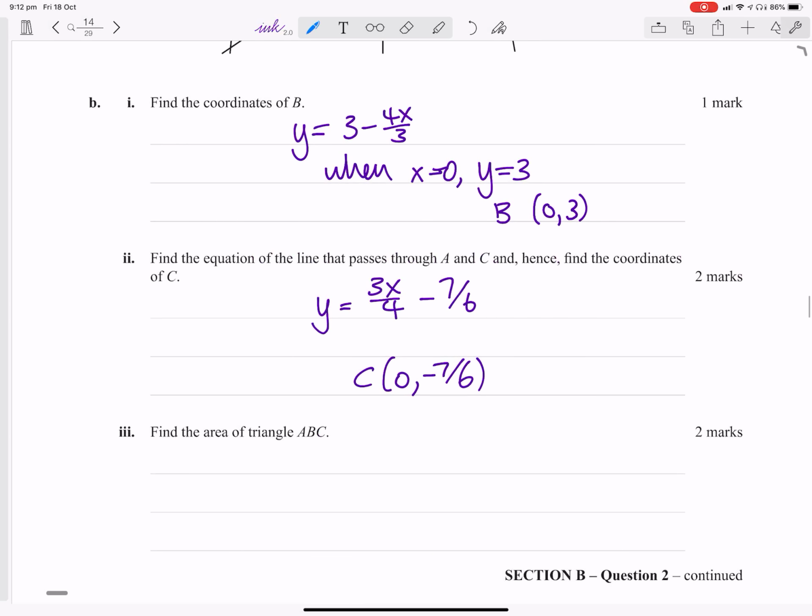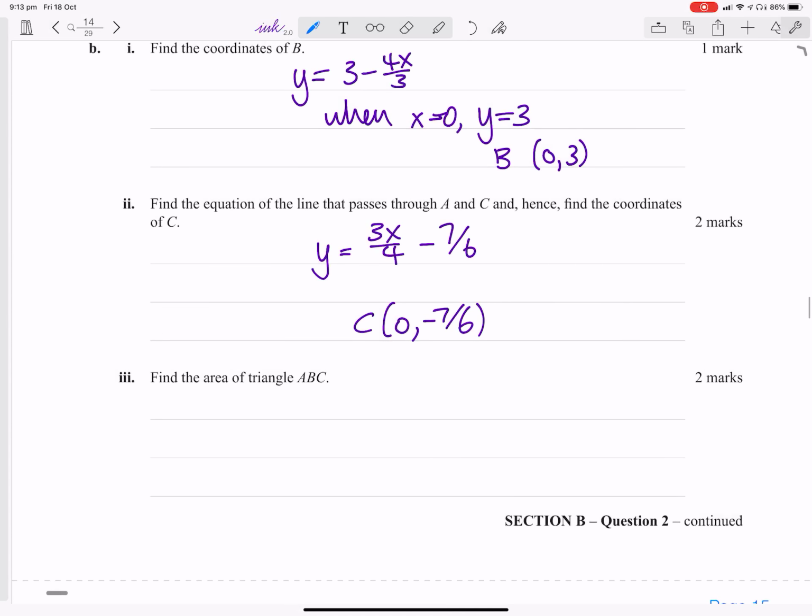What's the distance from B down to C? So the distance BC is 3 minus negative 7 on 6, which is 4 and 1/6.